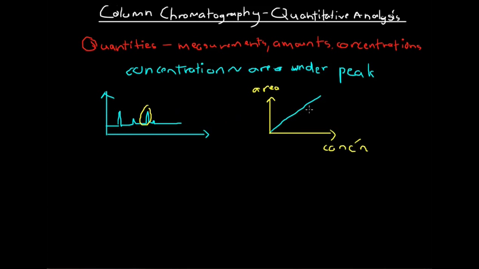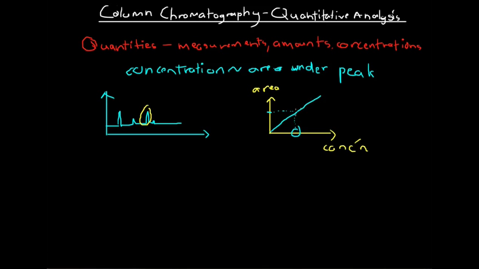And so if we can somehow obtain a graph revolving around the substance that we're dealing with in this peak here, then all we would have to do would be to measure the area under this peak, plug it into this axis here, and then just figure out from the graph the concentration of the substance that caused this peak.